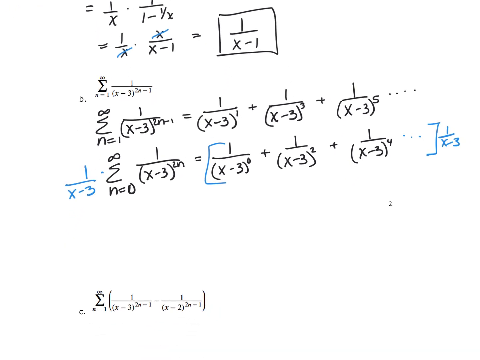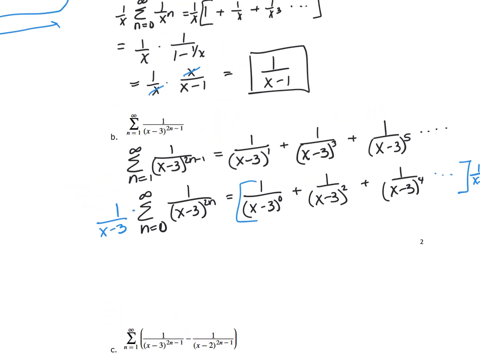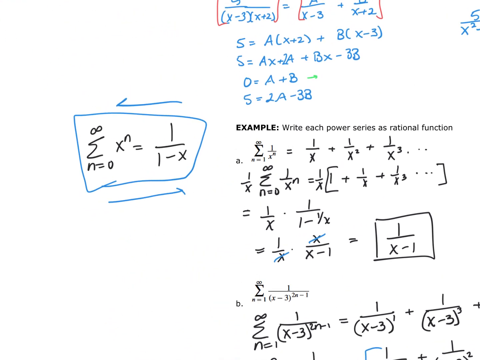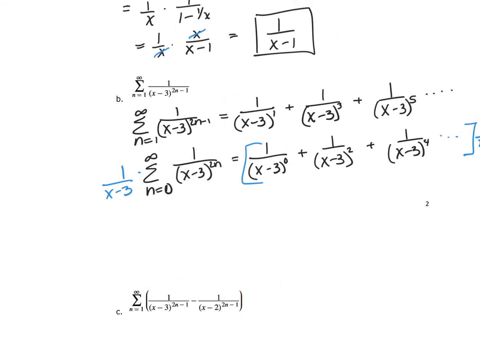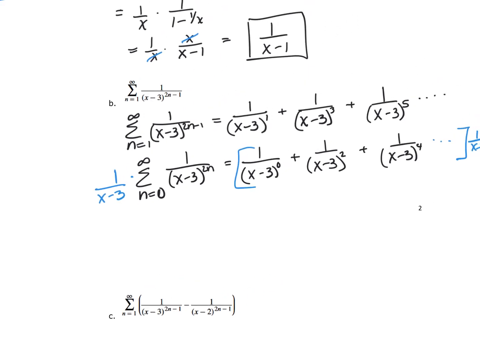So then this is my series. Now I can use this reversal and say, ooh, this is going to be equal to 1 over x minus 3 multiplied by 1 over 1 minus 1 over the quantity x minus 3 squared.